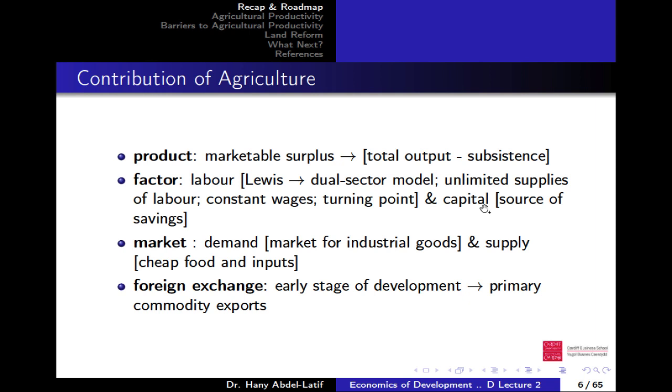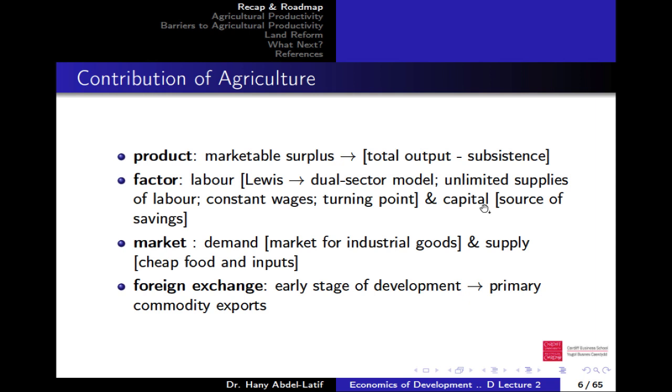Also, the agriculture sector contributes as a factor of production. It provides labor, and we explained Arthur Lewis's dual sector model, and how the unlimited supply of labor in the subsistence sector, transferred as extra supply or surplus to the industrial sector, will push development forward.